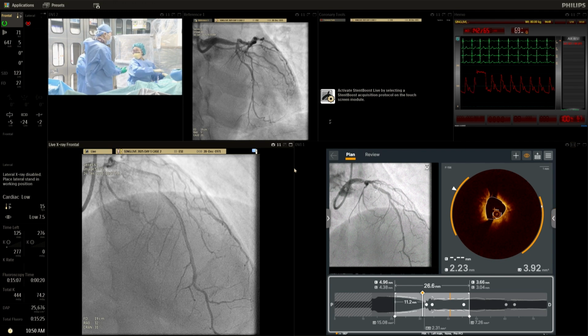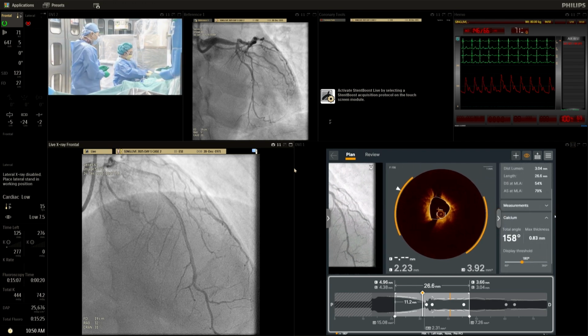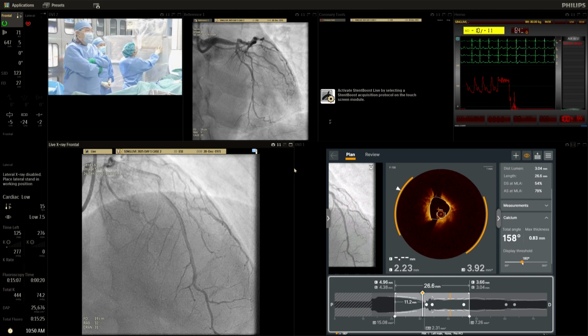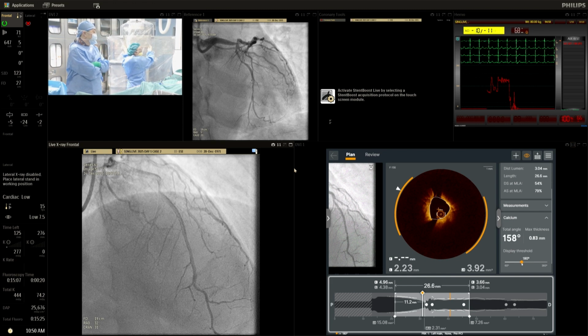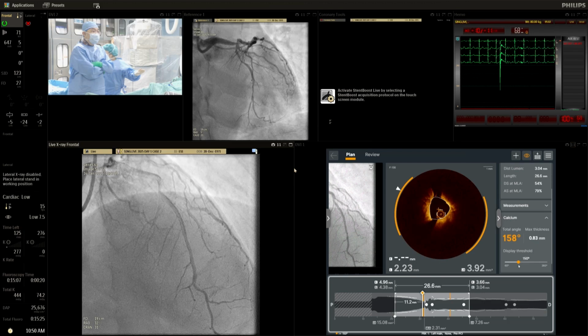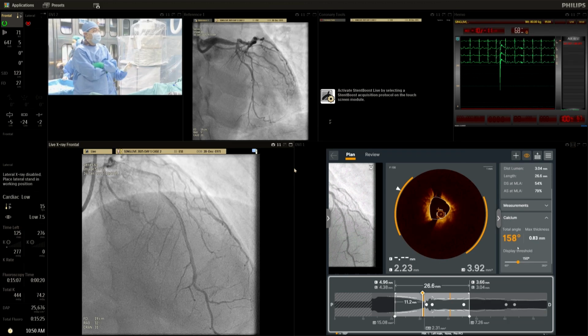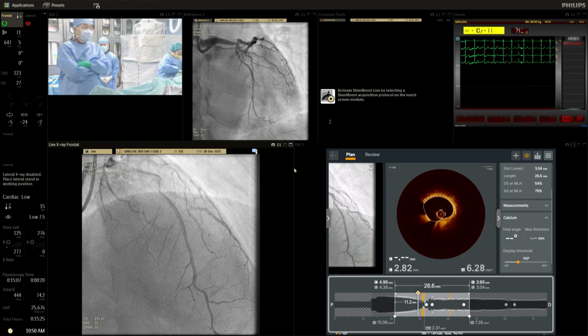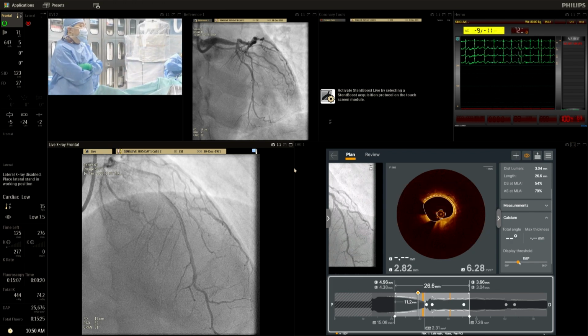But we can change this threshold. If you go to this tab here on the right, you can see that the threshold down here is by default set at 180 degrees. We can always change that to less or more. When the arc is above the threshold, it changes to an orange color, and then it shows up here on the longitudinal view as well.